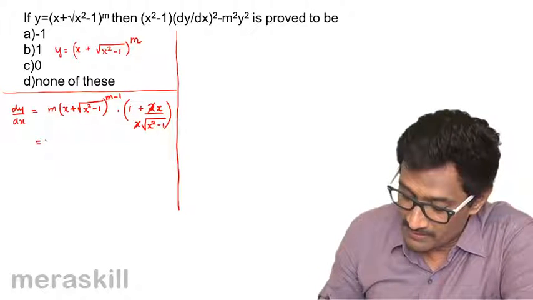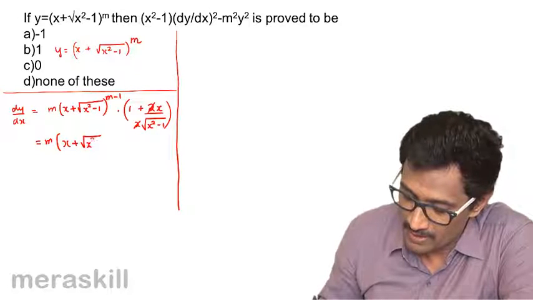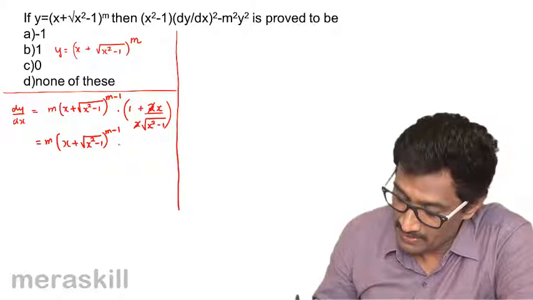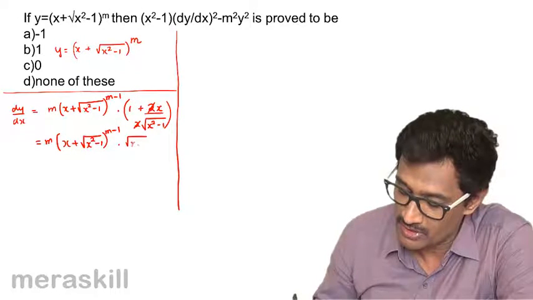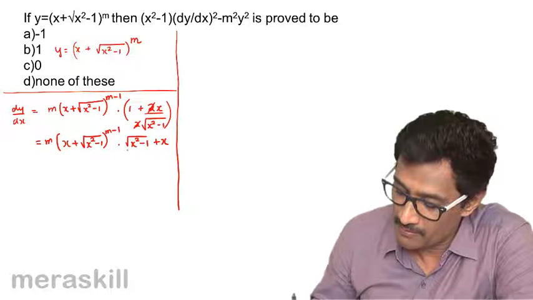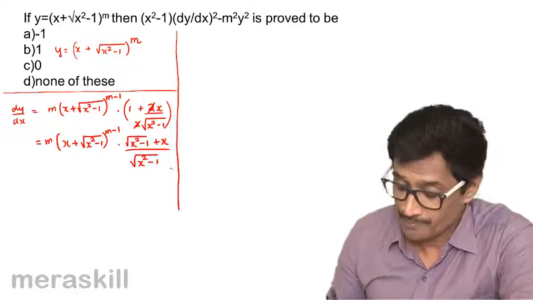So ultimately this is m into x plus root x square minus 1 raised to m minus 1, and here if you take LCM you get root x square minus 1 plus x upon root x square minus 1.